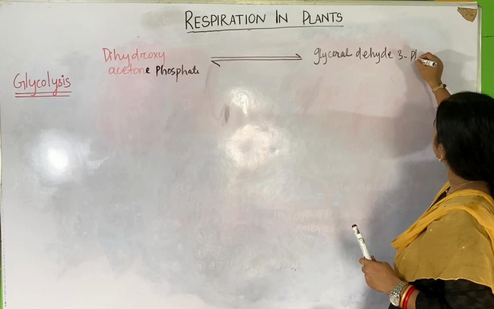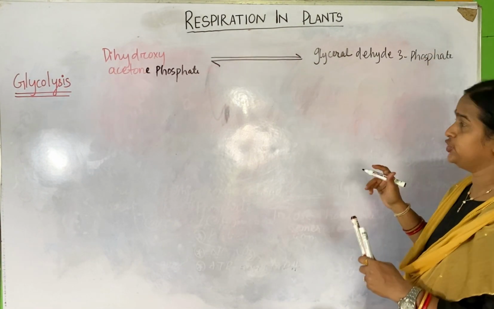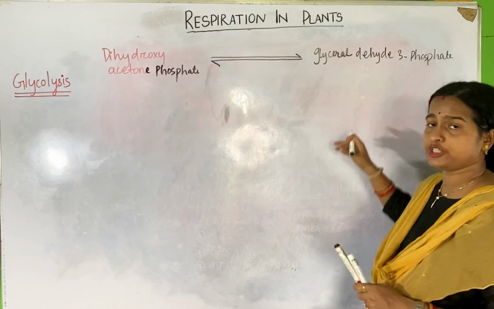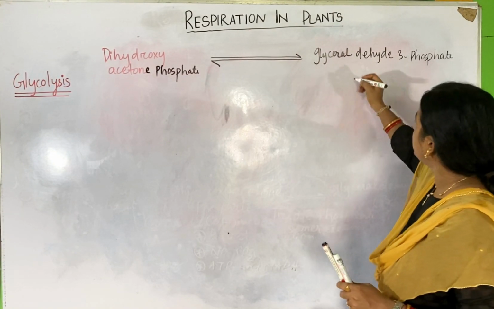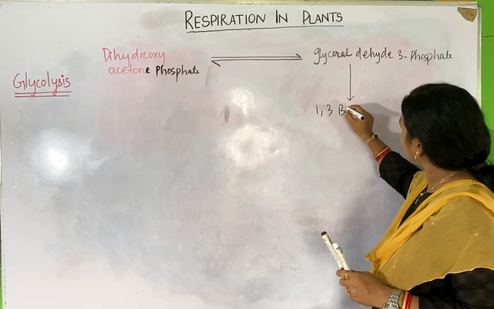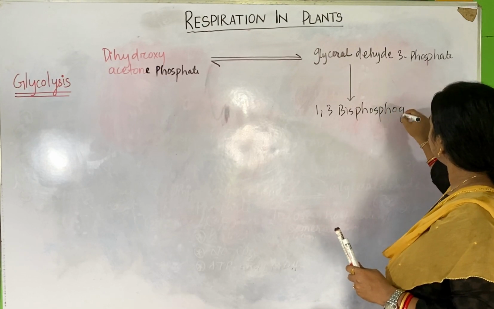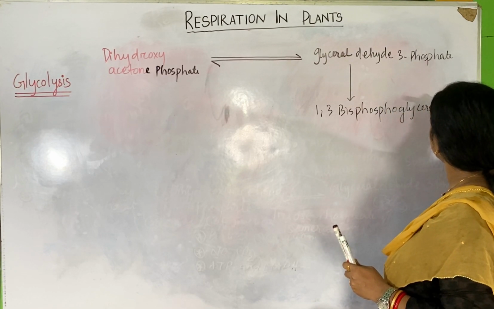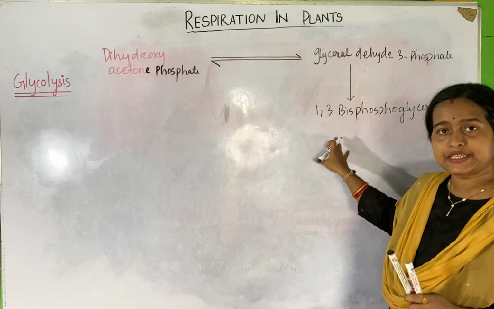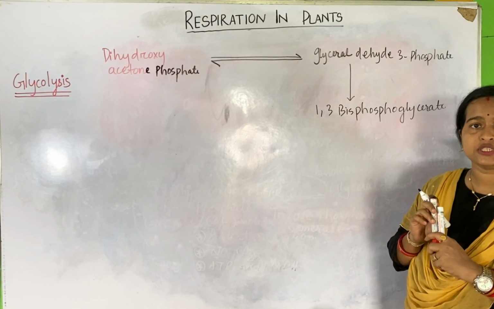The reaction is called isomerization. Now the glyceraldehyde 3-phosphate is an aldehyde. It will convert into 1,3-bisphosphoglycerate, and this is an acid. And the conversion of aldehyde to acid is which process?